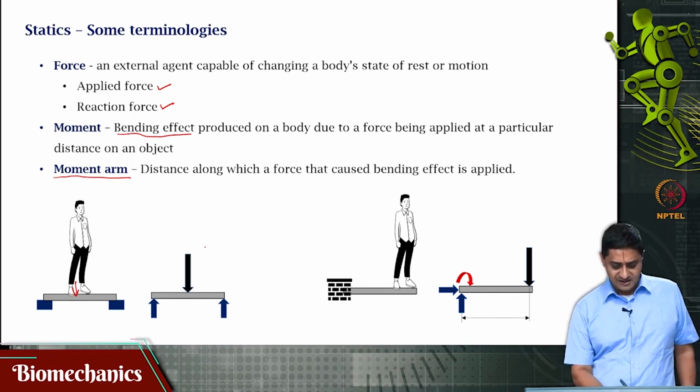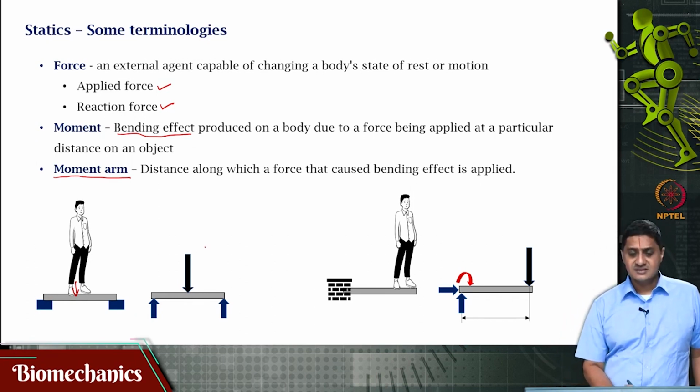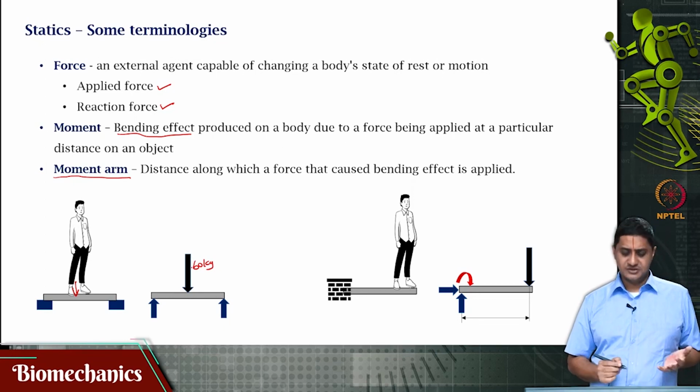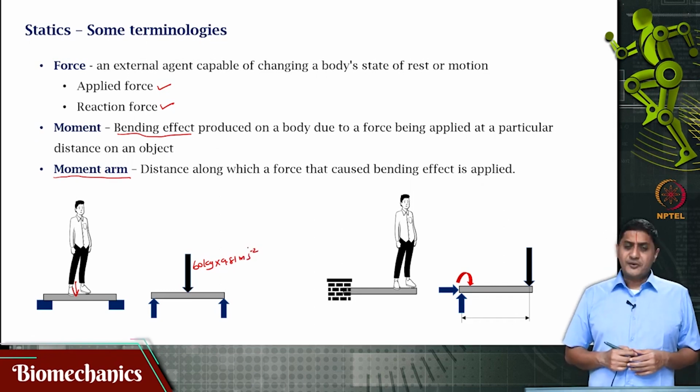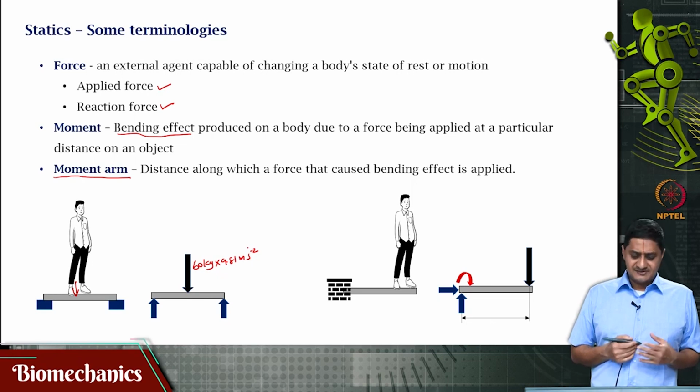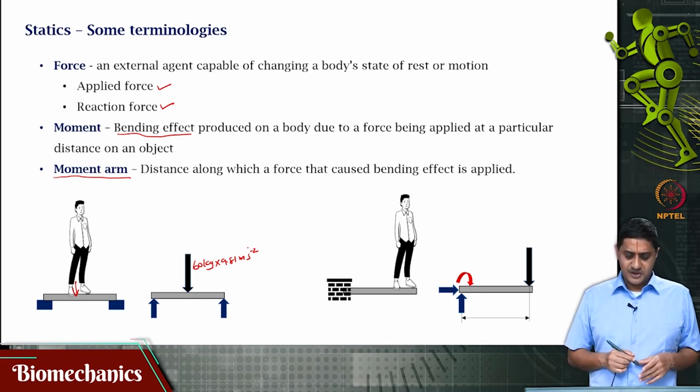His weight, let us say, is 60 kg. So, 60 kg times what is the acceleration due to gravity? We know that that is 9.81 meter per second squared, is it not? So, approximately 600 newtons, a little less than 600 newtons, is the force that is being applied by this person on the plank.